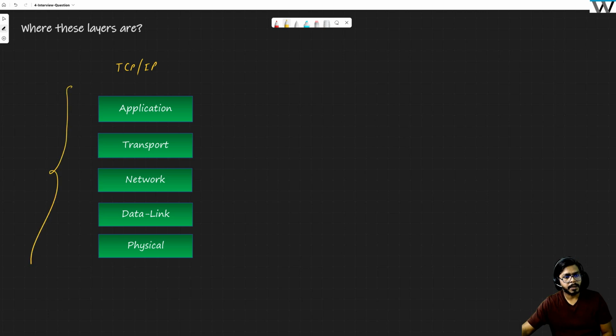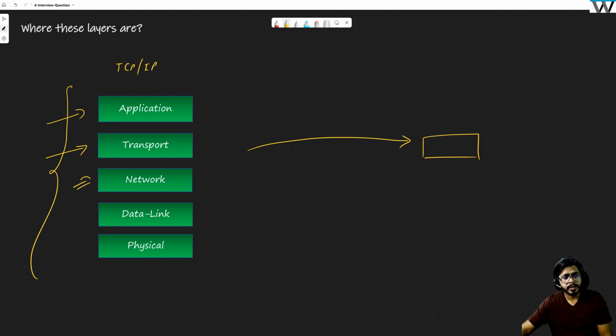We have the application layer, which deals with the application data. We have the transport layer, which takes whatever we receive from the application data and puts some information into it, so that when it is received at the receiver, it can talk to the transport layer of the receiver.